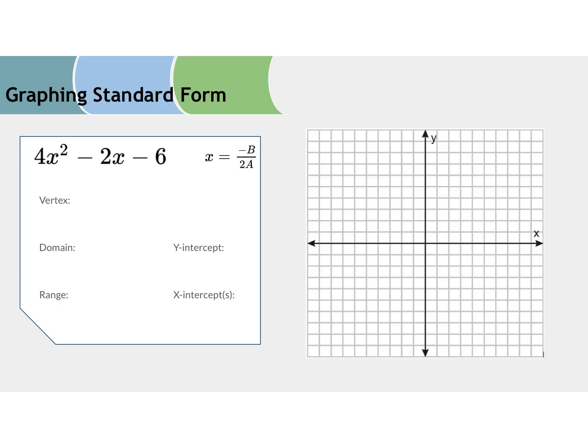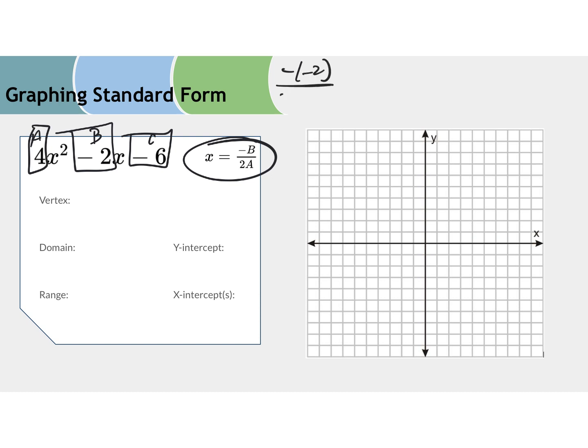So let's graph this using the vertex. We want to use the vertex equation, negative b over 2a. So let's figure out my a, my b, and my c. When I plug in negative b, I do it up to the side here: negative negative 2 over 2 times 4.